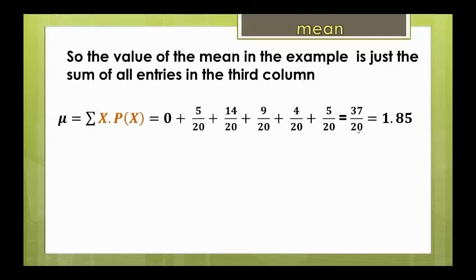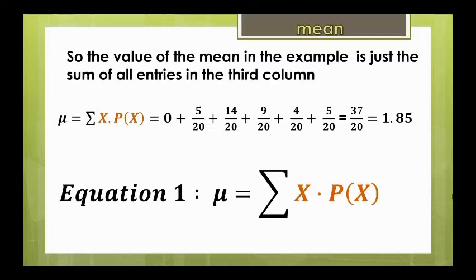So, you have 37 over 20, that is equivalent to 1.85. Ganito lang po yung gagawin natin para makuha natin yung value ng mean. So, we now have equation number 1, that is mean is equivalent to summation of the product of x times p of x. Ito yung gagamitin natin to solve for the mean.